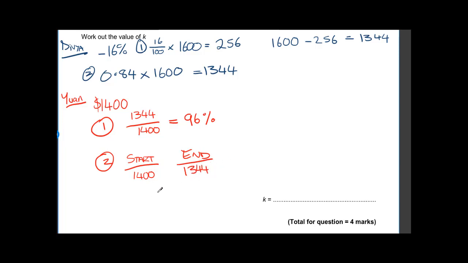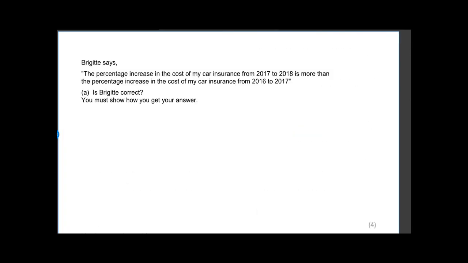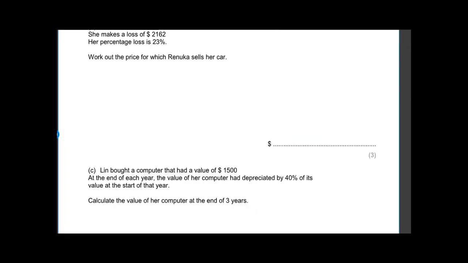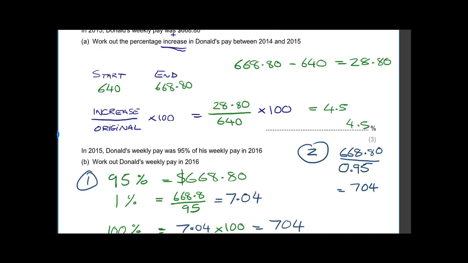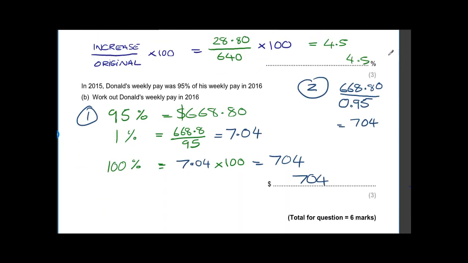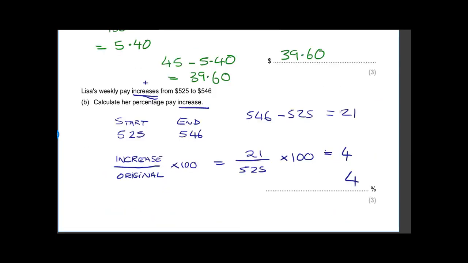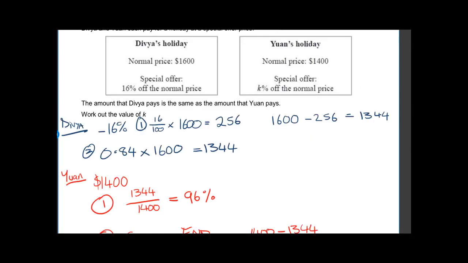So the difference is, so we get 1400 minus 1344, and if you go back up to where we were, we said, I think it was up further, increase over the original times 100. This time we don't have an increase, we have a decrease.